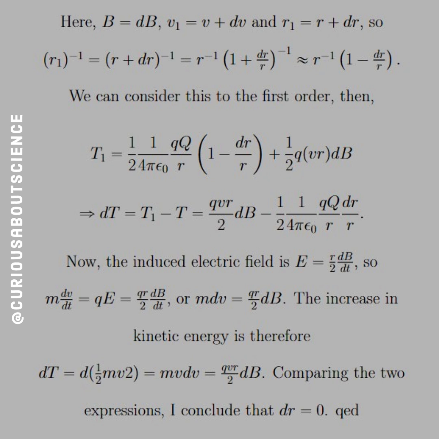That's because the whole Coulombic term has to cancel in order for q v r over 2 dB to equal q v r over 2 dB. Again, kind of hand wavy, but this kind of thought process is used a lot. But pretty cool result nonetheless.